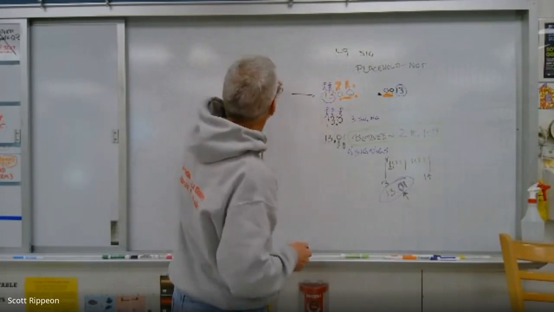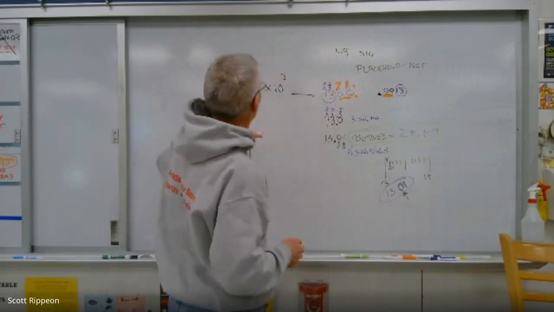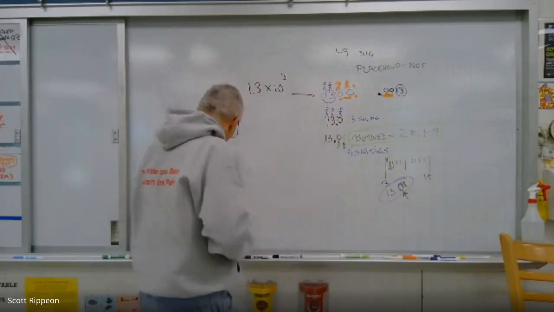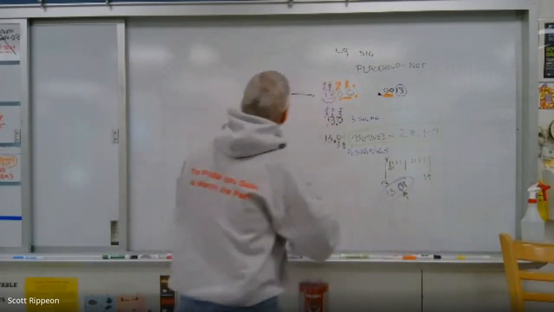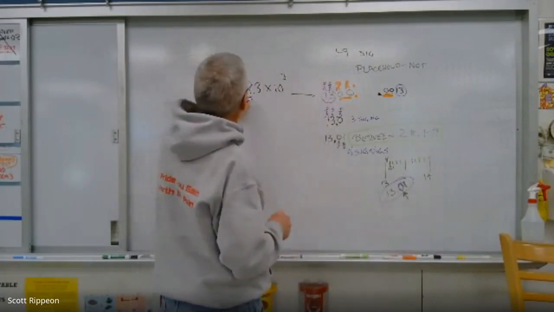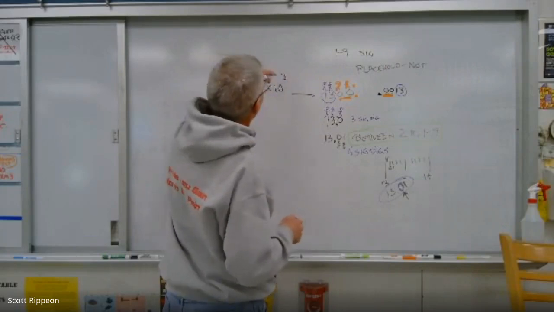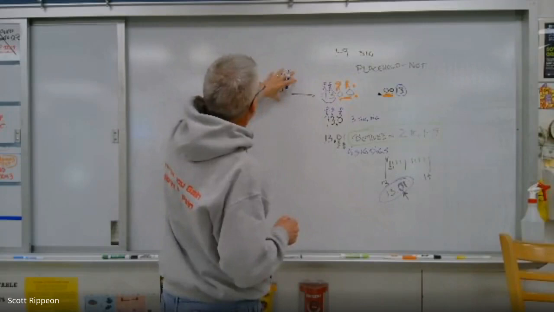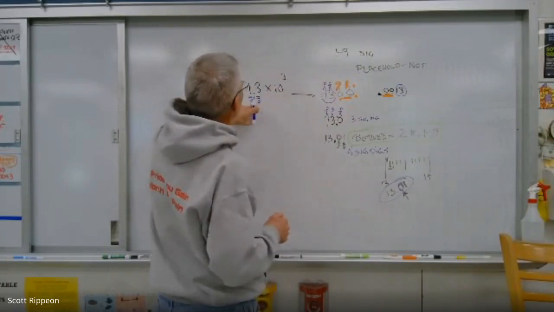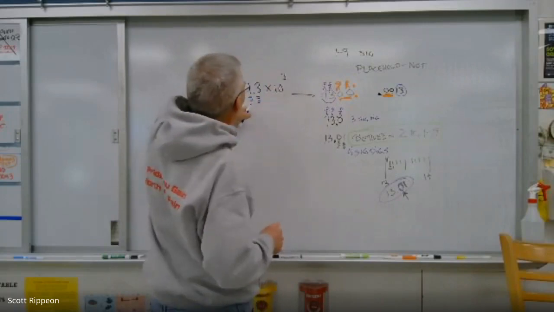So it'd be 1.3 times 10 to the 3rd. And this shows that only these two numbers are significant. Because this just tells me where it is on the number line. This doesn't measure significance at all. This just says it's over there 3 places more than what it's showing.